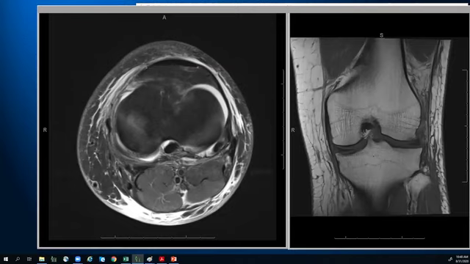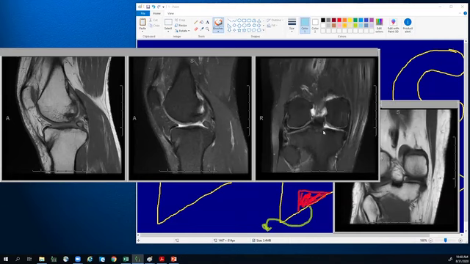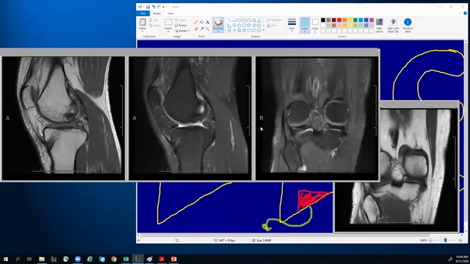I'm going to move on to a rare occurrence that could happen following a posterior root tear. You may or may not have ever encountered this, but you could see that this patient has had an old posterior root tear of the medial meniscus because we don't really nicely see the attachment of the posterior root.